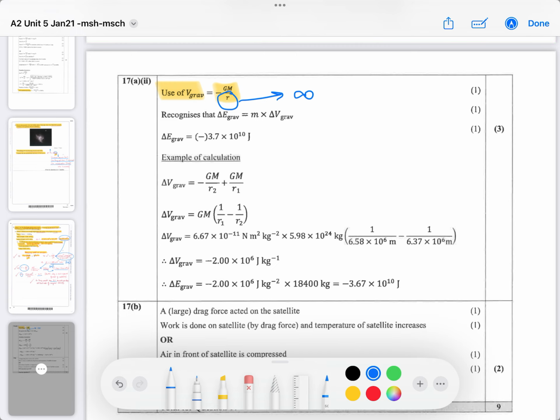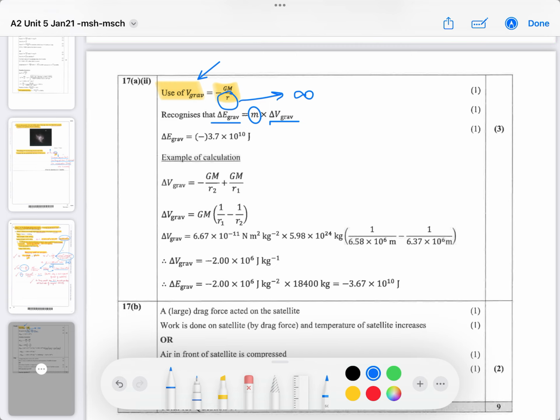Okay, so the change in energy gravitationally is the potential multiplied by the mass. This gravitational potential is per kilogram, but the satellite is more than 1 kilogram.